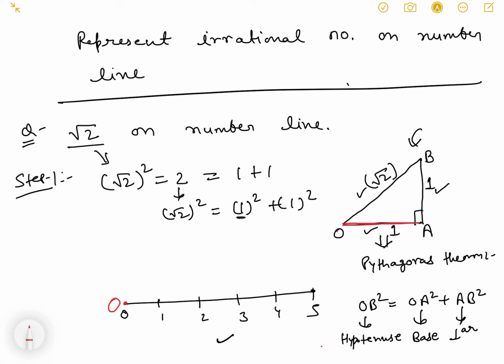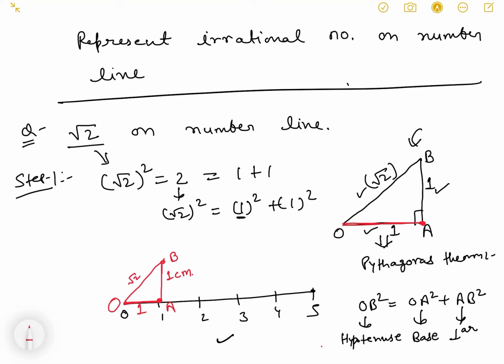So we will make a straight line using a scale of 1 centimeter, which is OA, and then we will keep our pencil on A and then make a straight line of 1 centimeter. We will name it B, and then we will join point O and point B. This will be our hypotenuse.